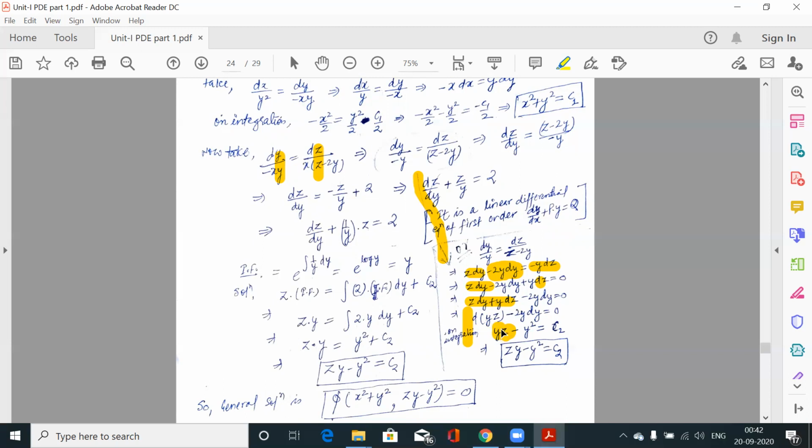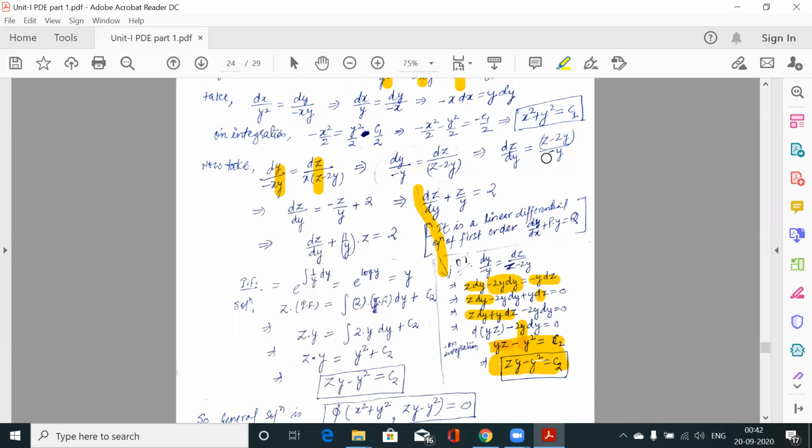Like the integration of dx is x, similarly the integration of d of yz would be yz. And the second term 2y dy, the integration is y square by 2, and 2 would be cancelled by the denominator 2. So this is yz minus y square is equal to c2, the integrating constant. So c2 would be zy minus y square. So this is our second solution.